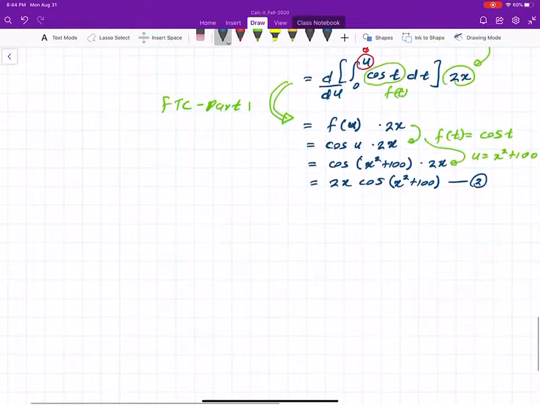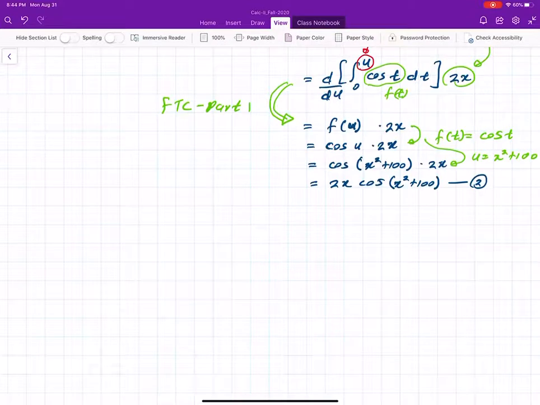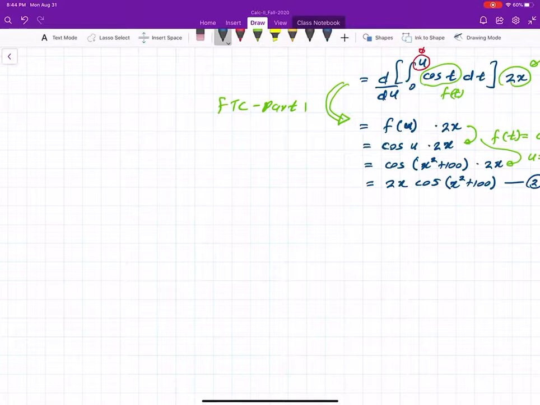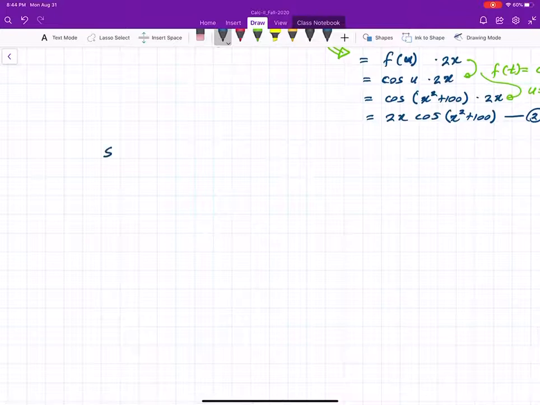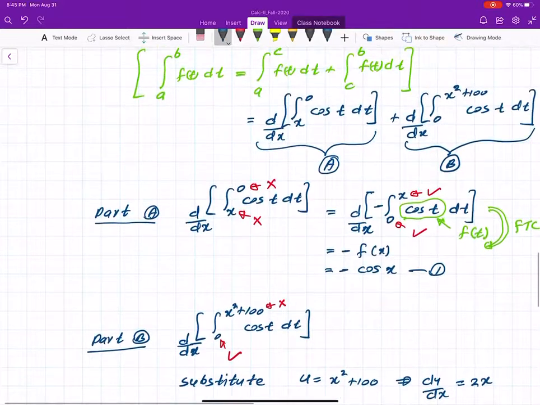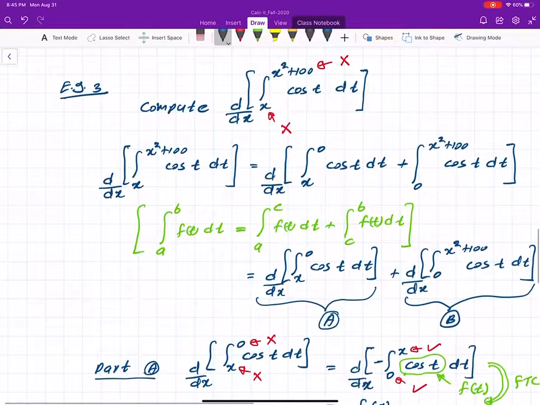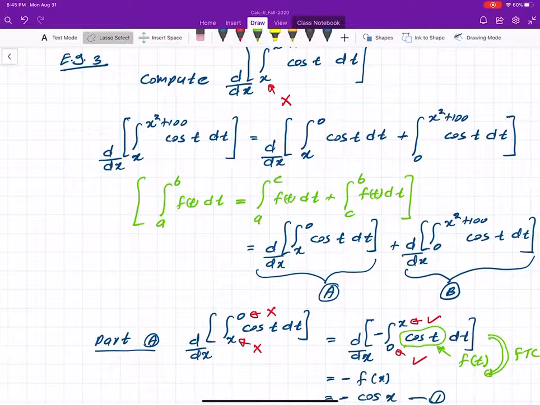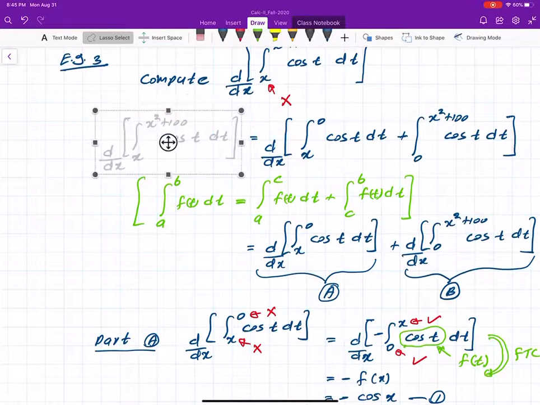Okay, now I'm going to substitute 1 and 2 into the asterisk. Then you get the solution to the given problem. Let me copy the given problem. So that's the given problem.